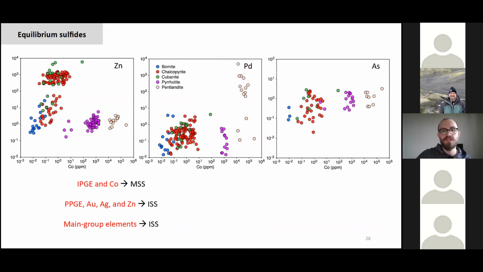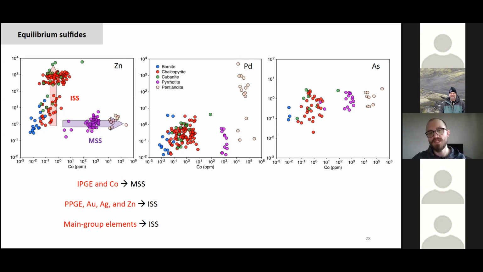Here we have three binary diagrams looking at the concentrations of zinc, palladium, arsenic, and cobalt in the different sulfides throughout the Eastern Gabbro. And what we can see is that zinc and cobalt behave the way that they're expected to behave, with cobalt being enriched in the iron-rich sulfides and zinc being enriched in the copper-rich sulfides.